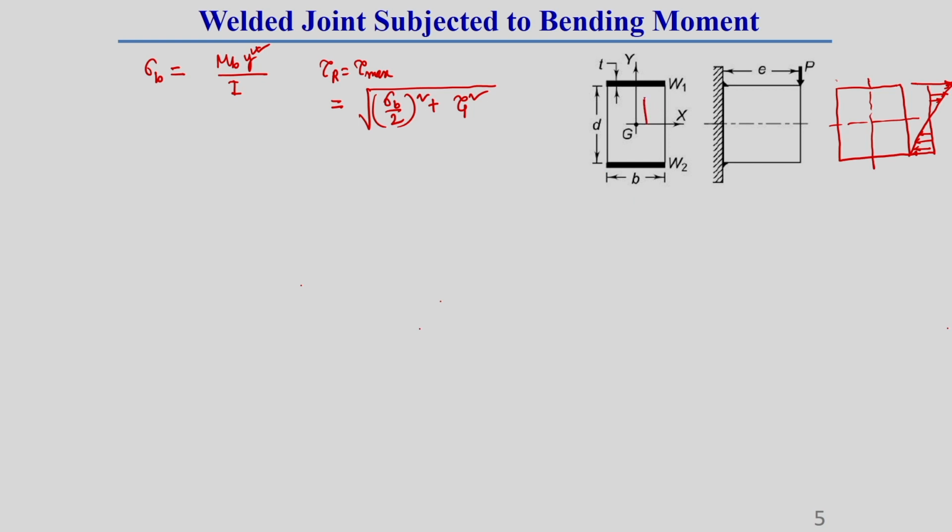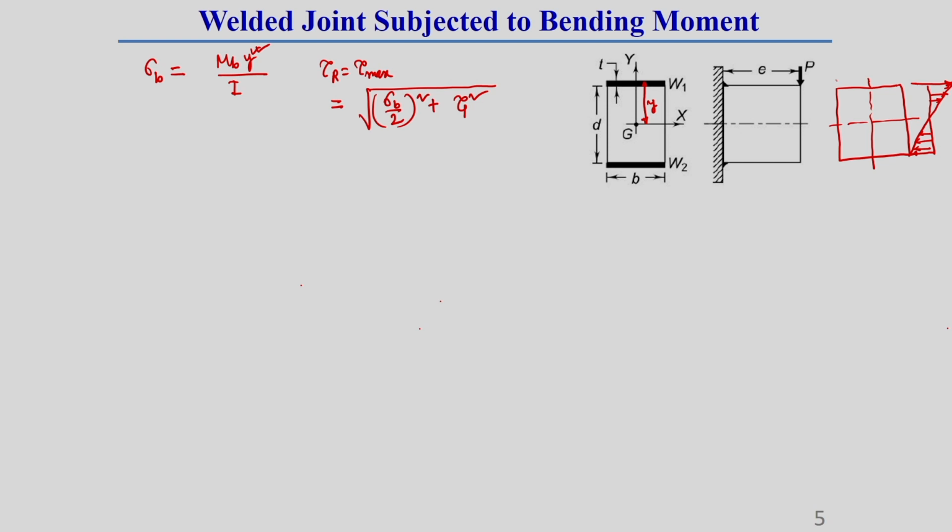So, here y should be the distance between the weld axis and the beam axis. Whatever the position of the weld, we have to consider this perpendicular distance between the two axes. This is what gives sigma b.